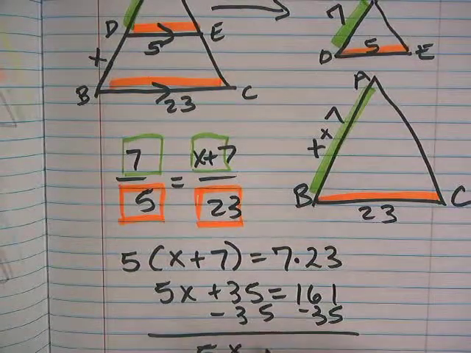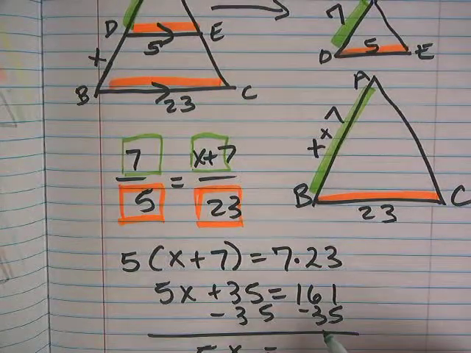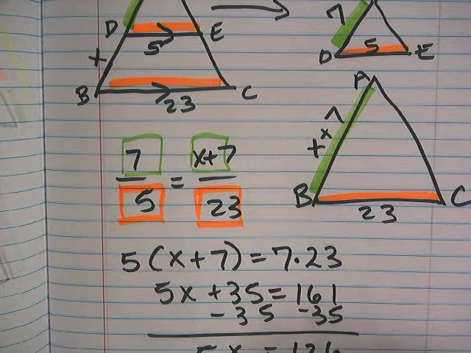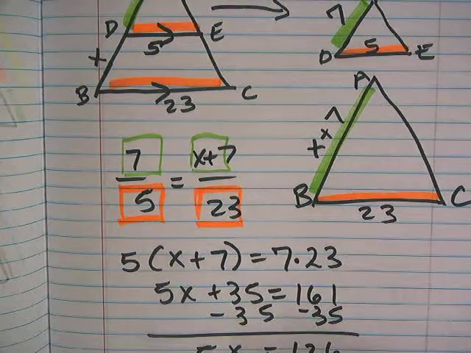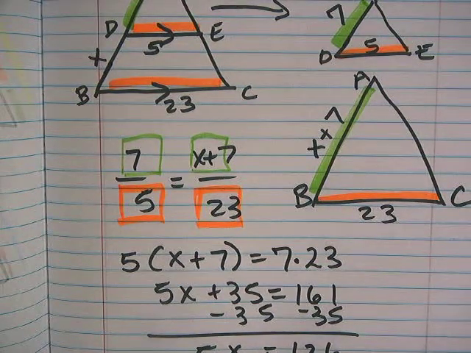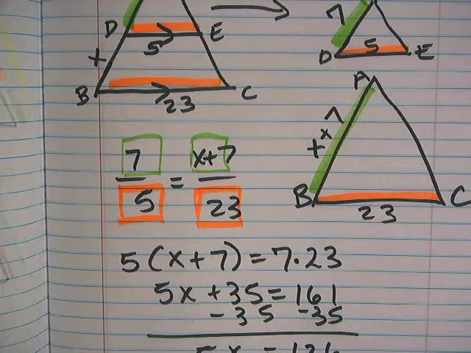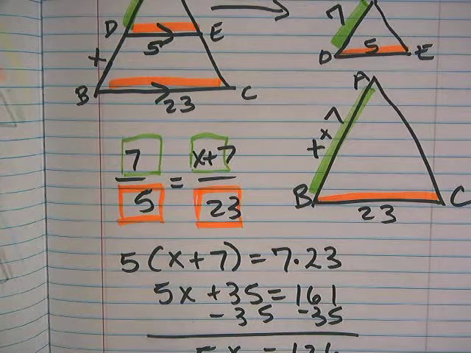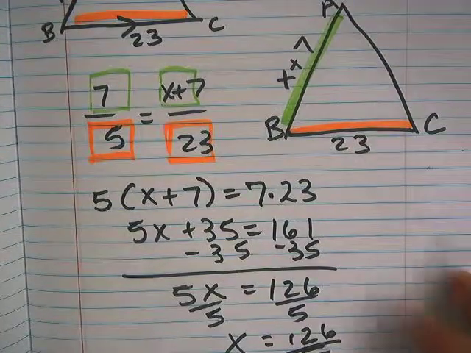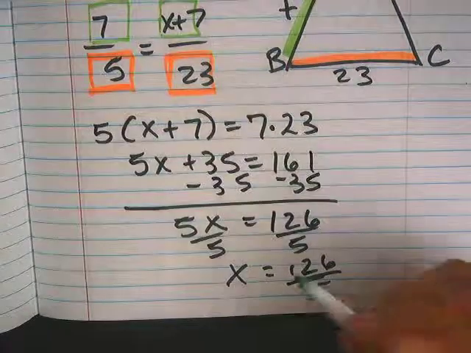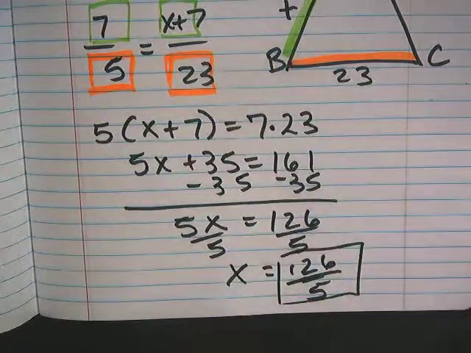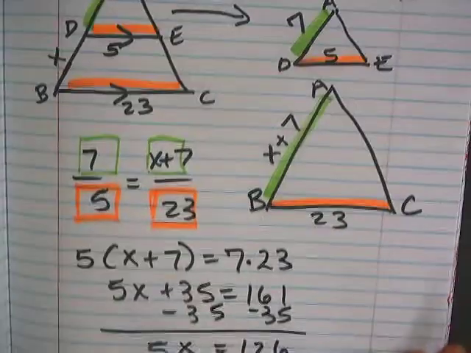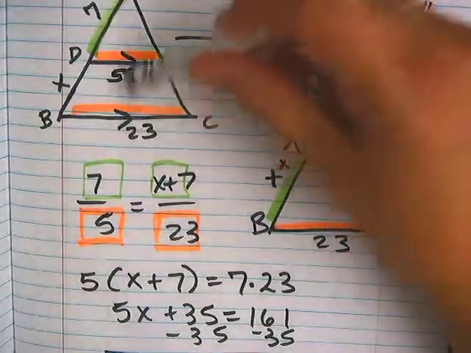Subtract 35 from both sides. I just made this problem up, so I have no idea what the answer is. And then this is 126 divided by 5 divided by 5. So x would be whatever 126 divided by 5 is, which is roughly 25.2. But honestly, I prefer answers in fraction form.